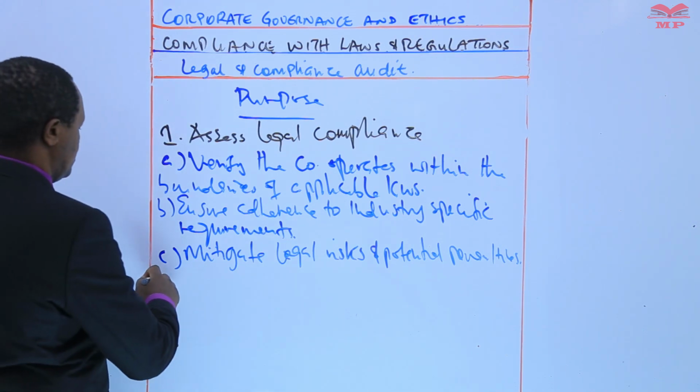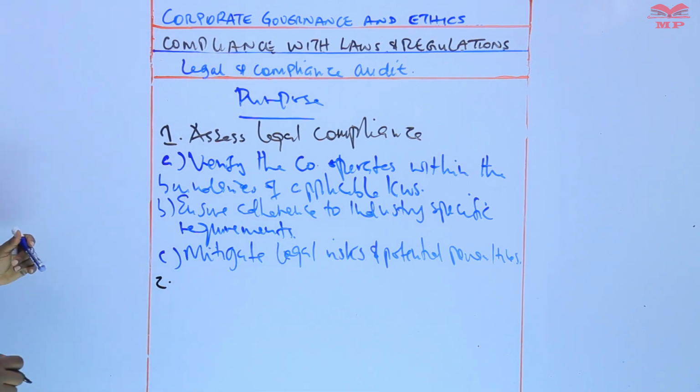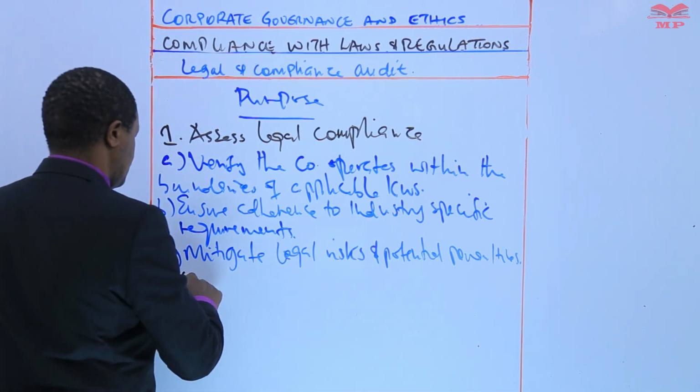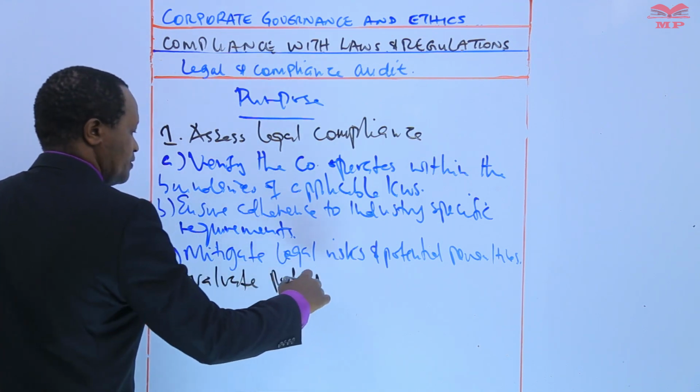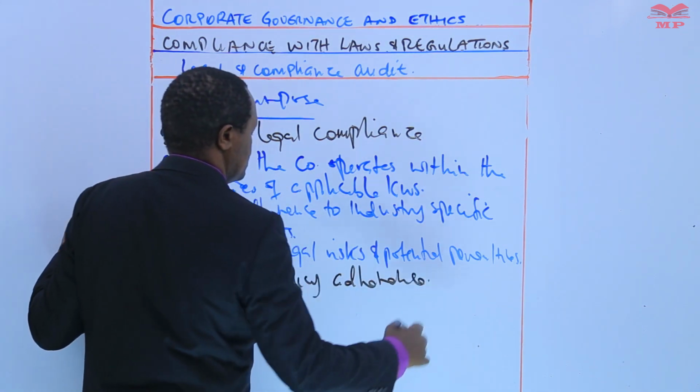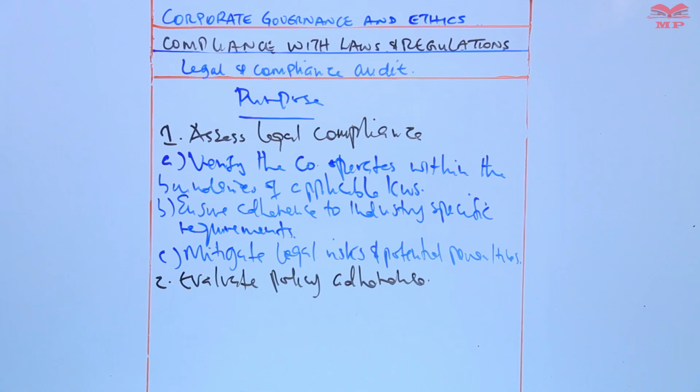Two, the second set is to evaluate policy adherence. To evaluate policy adherence means determining whether internal policies and procedures are consistently followed across the organization.